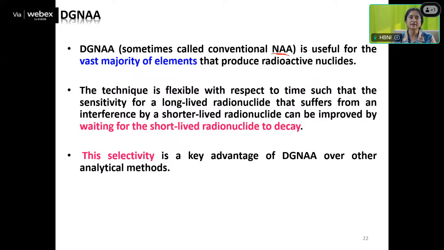This is self-explanatory: if there are two elements, one very short-lived and one very long-lived, the short-lived one will get activated very highly, so you have to wait for some time so that its activity dies down, and you can measure your analyte with less interference. This selectivity is a key advantage of DGNAA over other analytical methods.